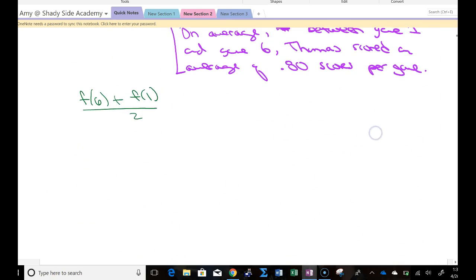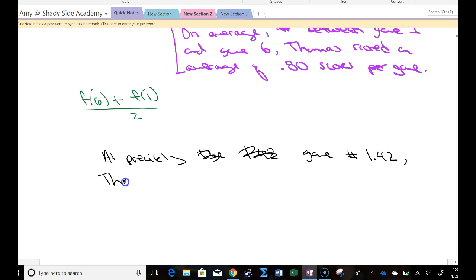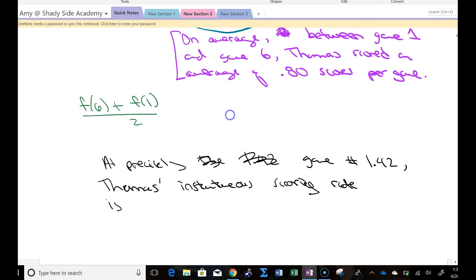Well, this would say that at precisely game number 1.42, Thomas's instantaneous scoring rate in that moment is, what was the slope again? 0.80 scores per game.